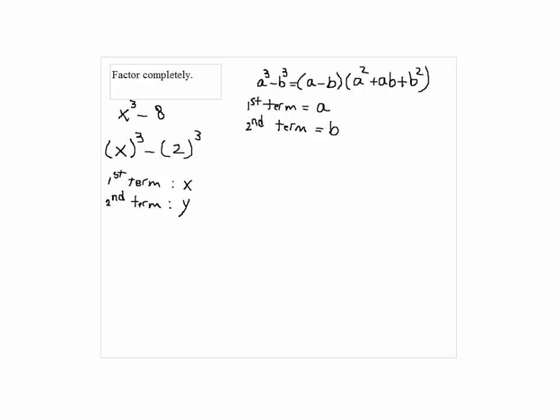Here you can make this a difference of cubes by putting x as my first term and 2 as my second term.